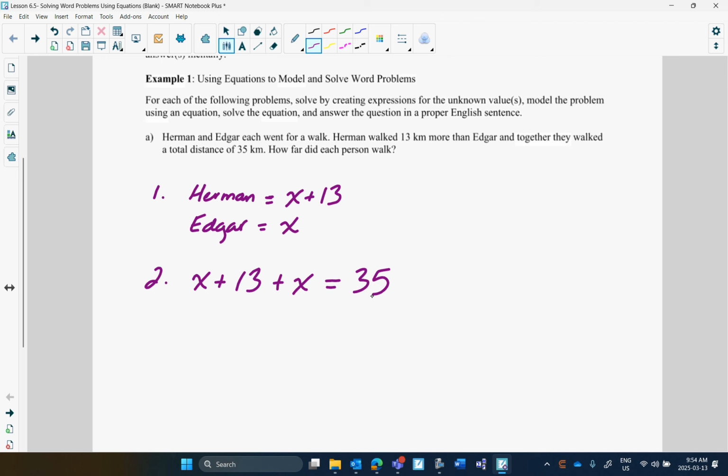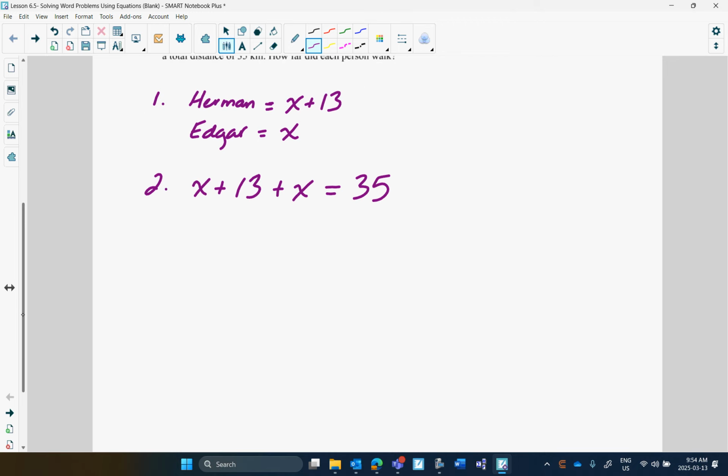Well, you should know how to solve this one. What's the next step? Yeah, simplify the left side by combining the x's.